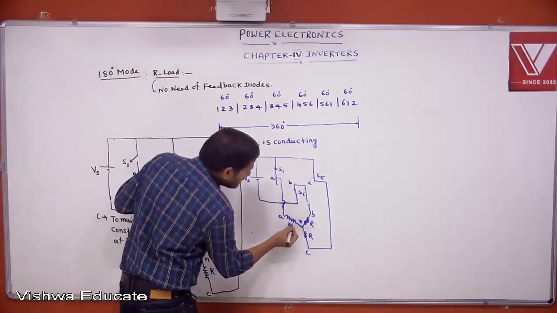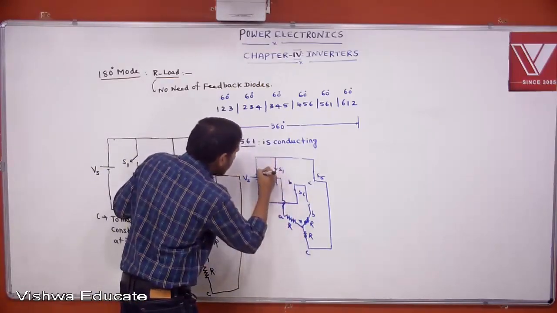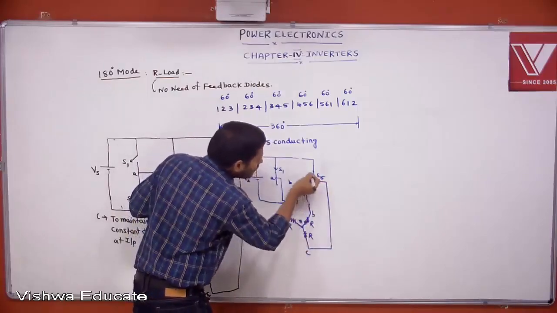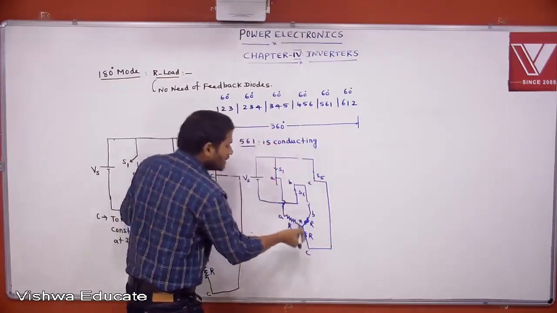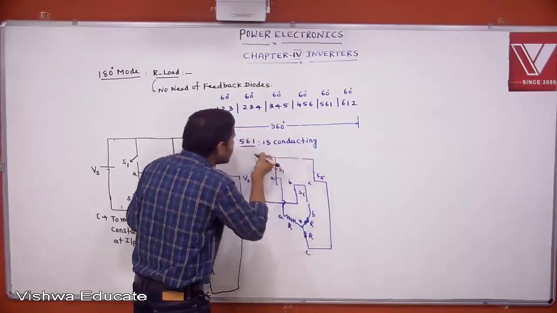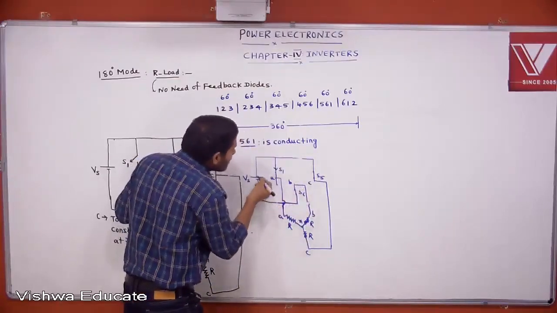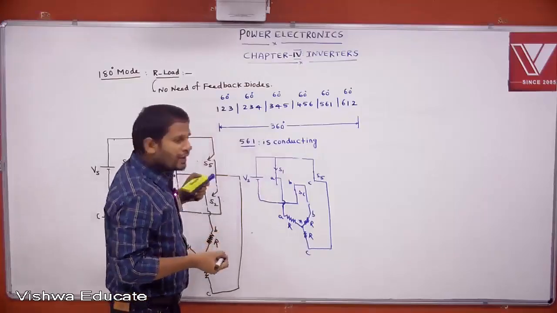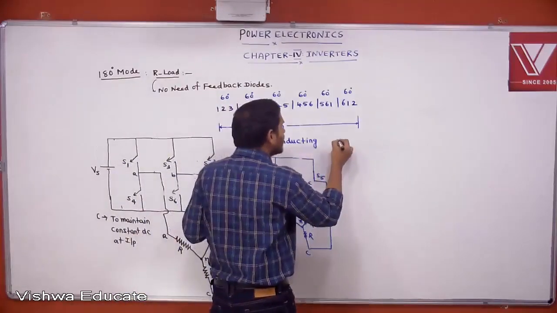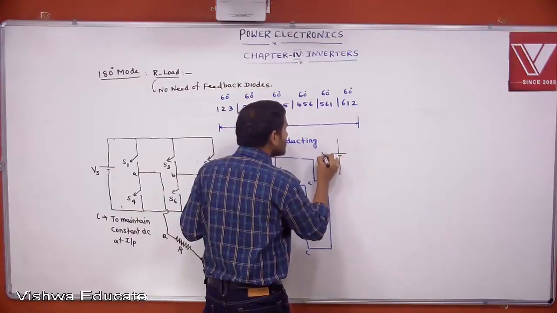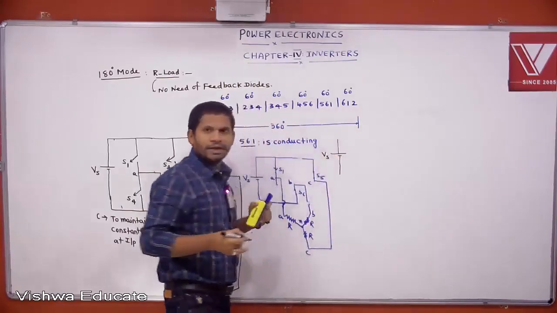This A phase is connected to positive plate. C phase is connected to negative. Sorry, C phase is also connected to positive plate. Then what about B phase? This B phase is connected to negative plate. You redraw the circuit. Then what do you get? This is Vs. Clear?